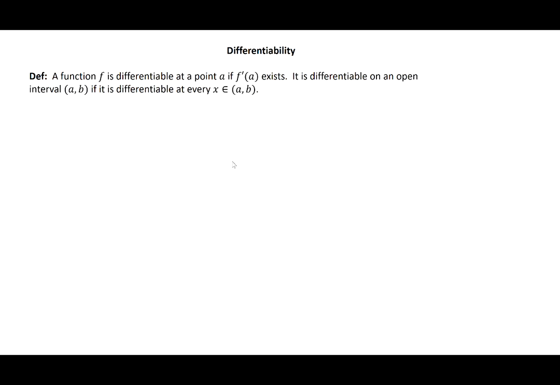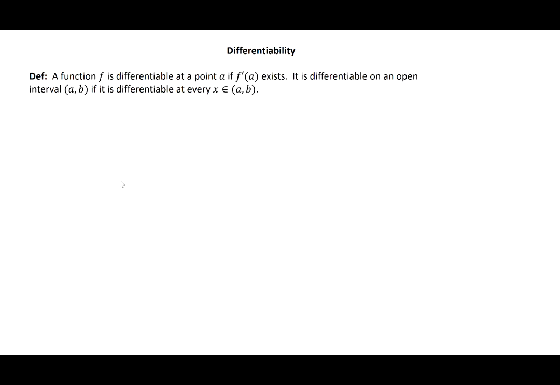This is a very interesting and important concept, especially for mathematicians. Boy, is a function differentiable? That's a question they keep asking quite a bit. So let's see. What's the definition of it? A function f is differentiable at a point a if f prime of a exists.